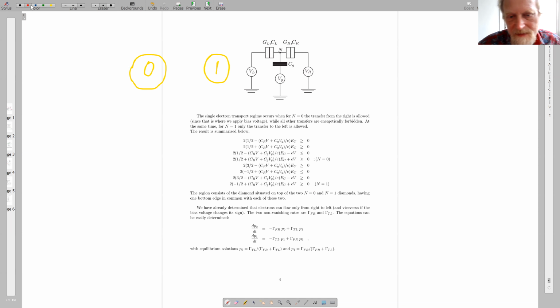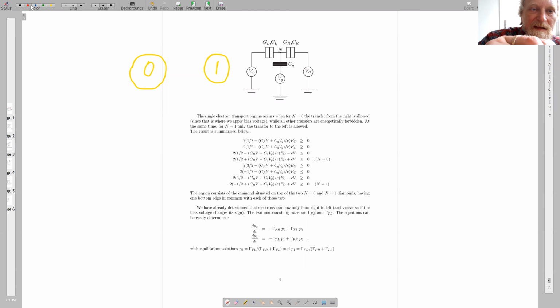And then there are only 2 possible rates. All electrons are supposed to go from, let's see, where does it go? From right to the left. Okay, it goes from right to the left. What does it mean?